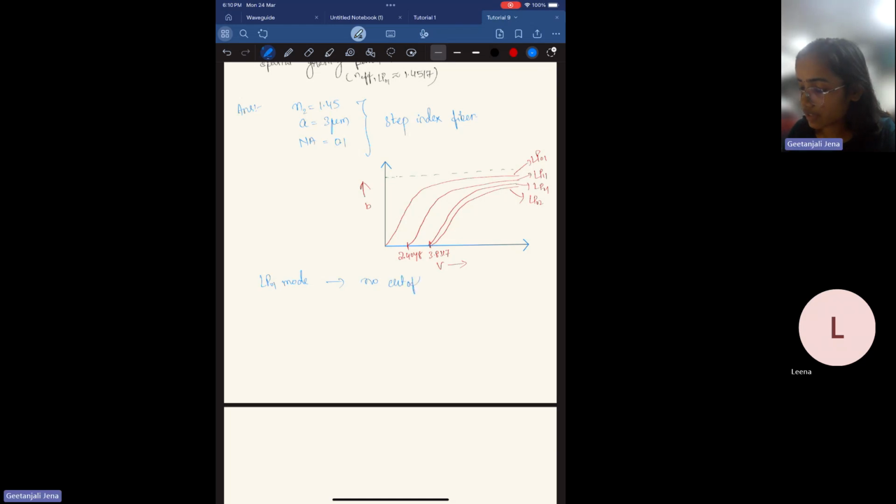This is one of the fundamental concepts: it doesn't have any cutoff wavelength. That means this mode will always be guided inside the step index fiber. And how do we find out whether the fiber supports the LP11 mode? We have to see the cutoff condition for LP11, because LP01 is always guided, so there is no need to worry about that.